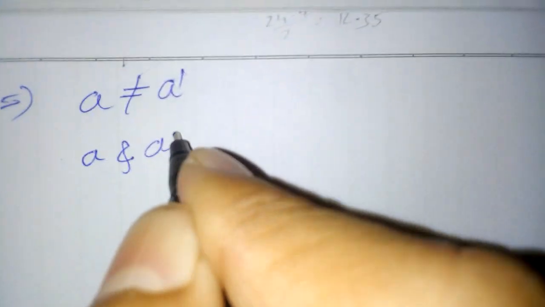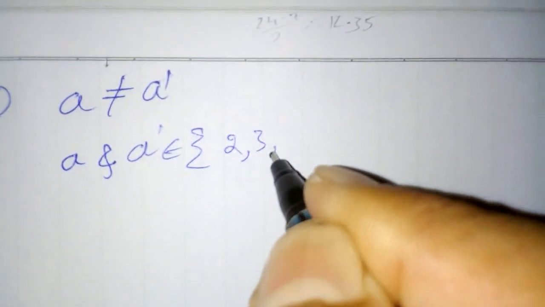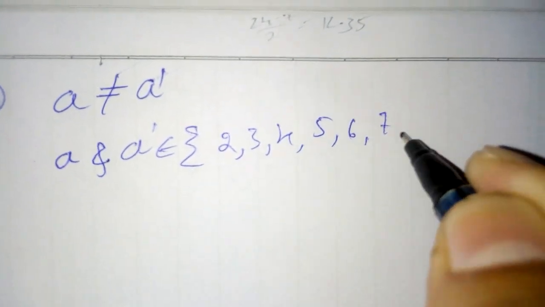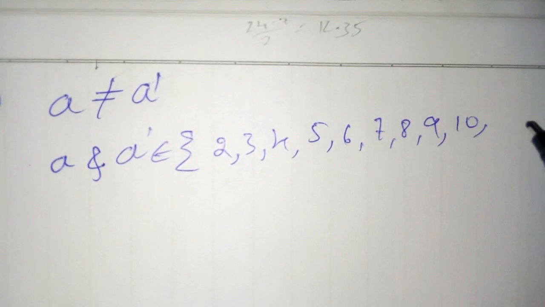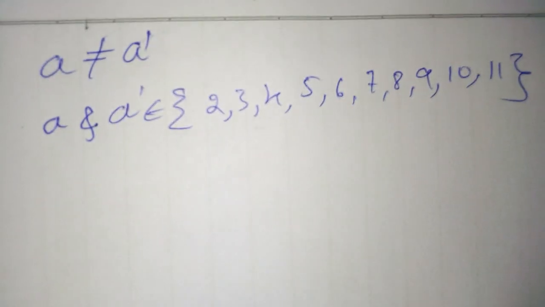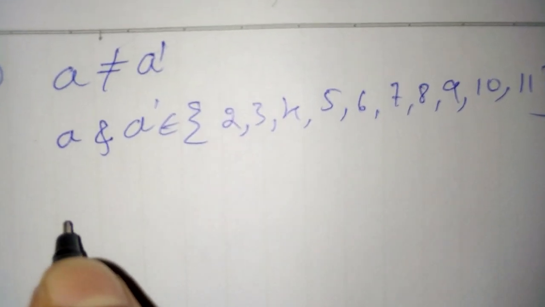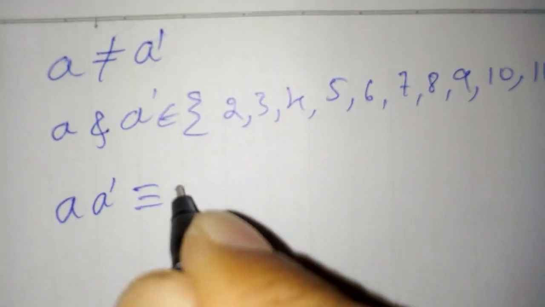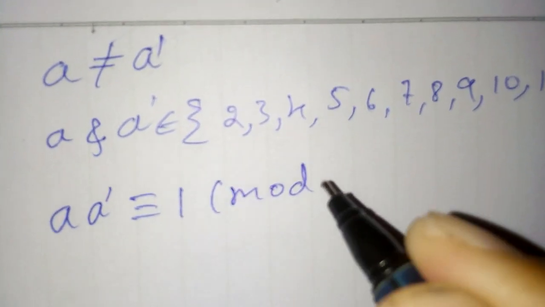Here a is not equal to a dash, so we have to consider the numbers excluding 1 and 12, that is, a and a dash belong to 2, 3, 4, 5, 6, 7, 8, 9, 10, 11. We have deleted 12 and 1. Now we consider a a dash and 1 congruent mod 13.